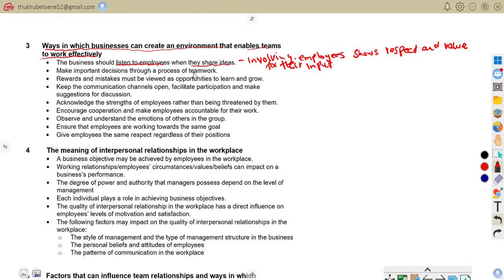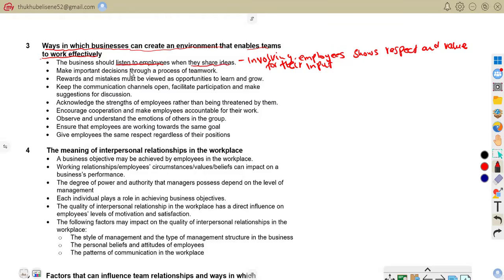So that is why we are to listen to employees' ideas. So, for example, a manager asks staff for their suggestions on improving customer service. So that is that. Now we are moving on.